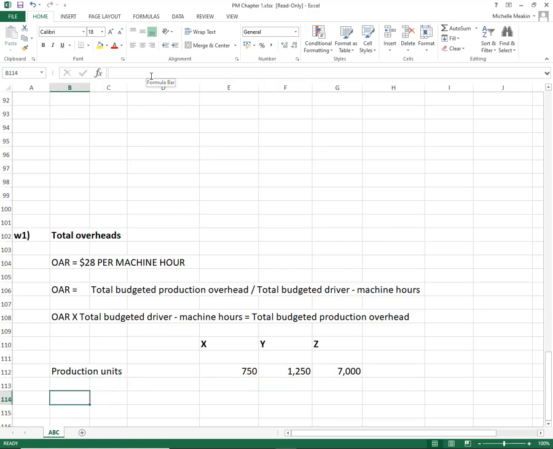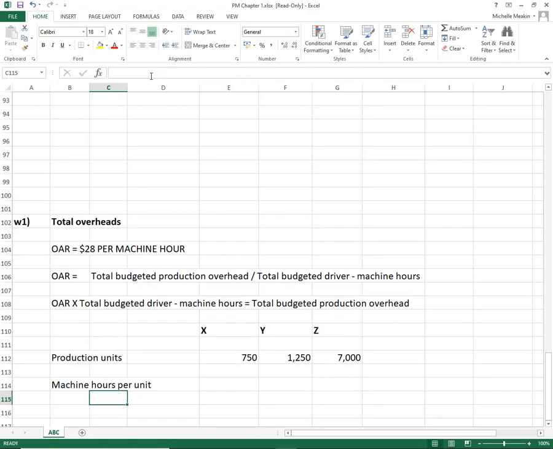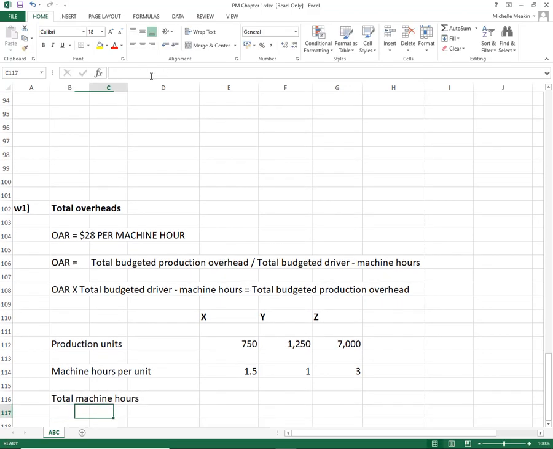I will then take down the machine hours per unit. Machine hours per unit comes in at 1.5, 1 and 3. And to work out the total machine hours, I multiply the production by the per unit number of hours.